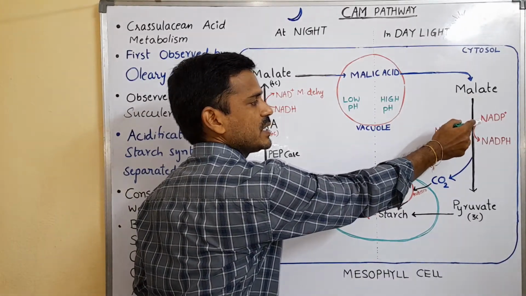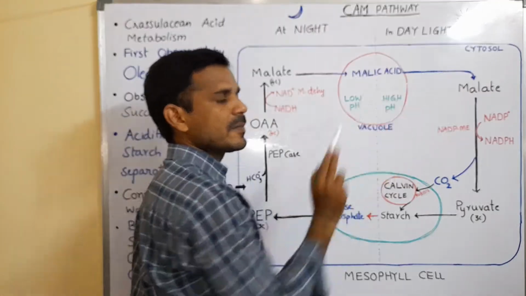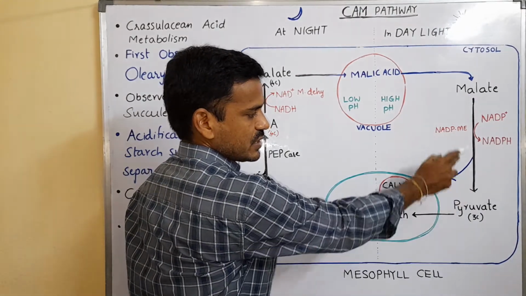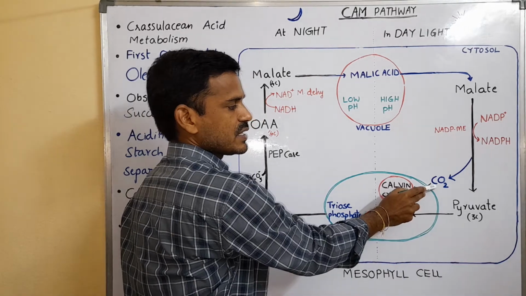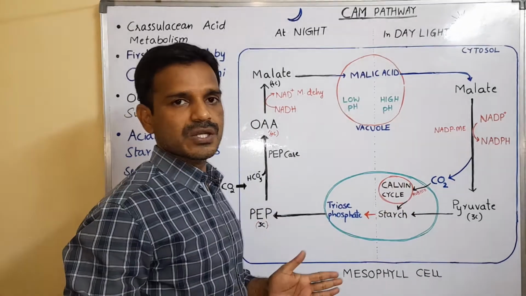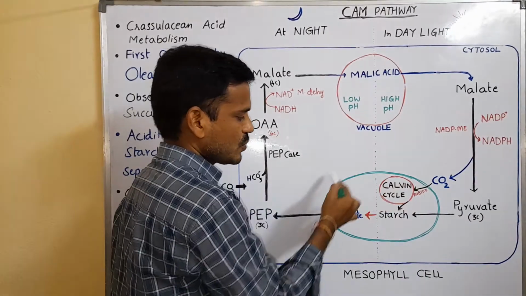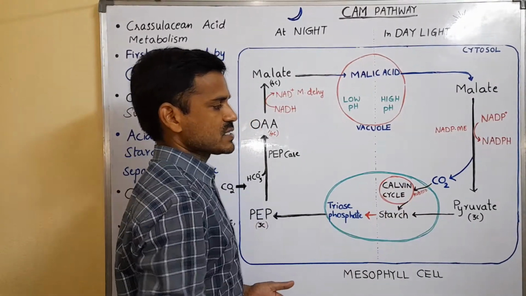So here NADP is converted into NADPH in the presence of NADP malic enzyme. In this reaction, pyruvate is formed and carbon dioxide is released. So malate is splitting into carbon dioxide and pyruvate. The carbon dioxide enters the chloroplast, and pyruvic acid also enters the chloroplast.